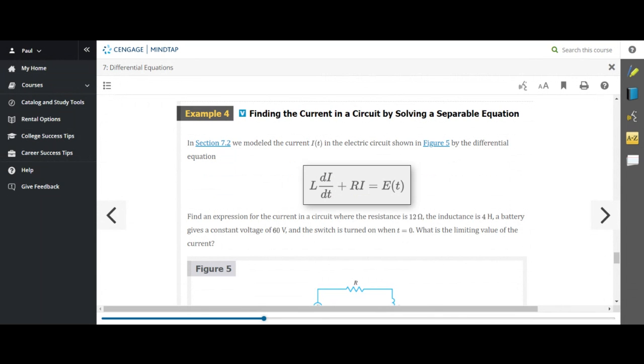Okay. And what's the name of this differential equation? Does anybody know? Begins with a K. That's right. Good, Sean. Kirchhoff's law. Good, good.